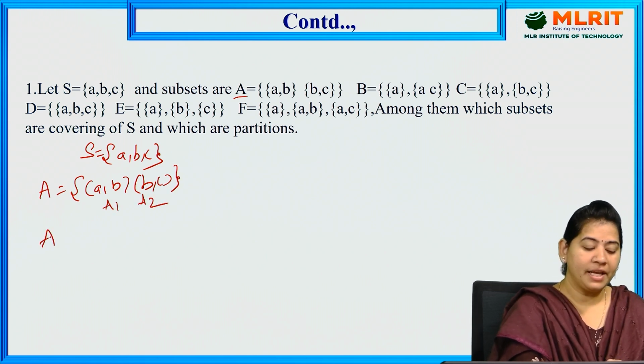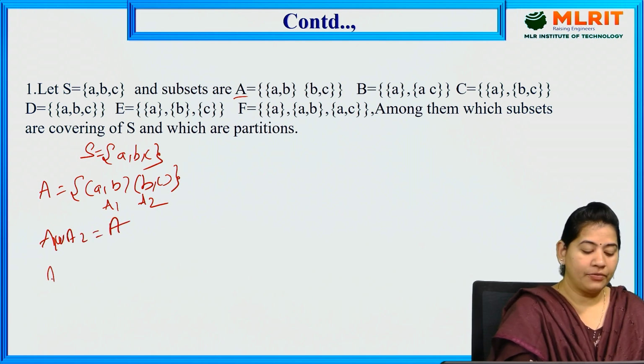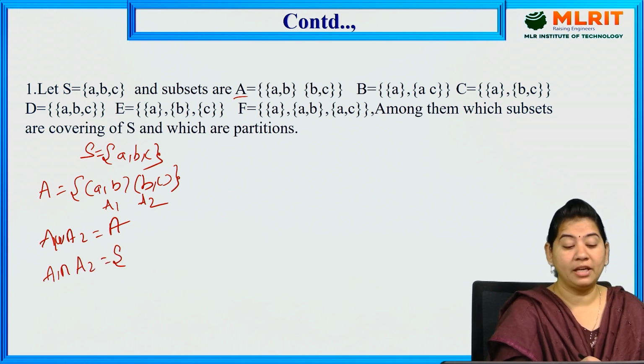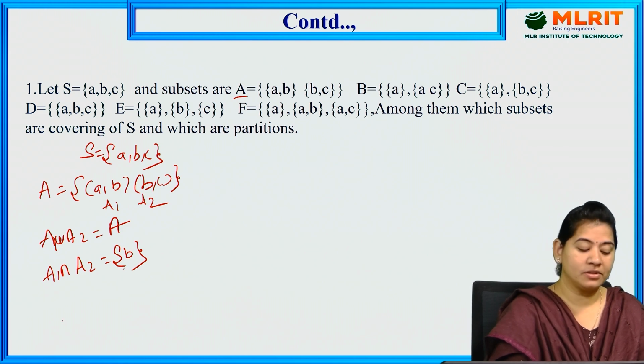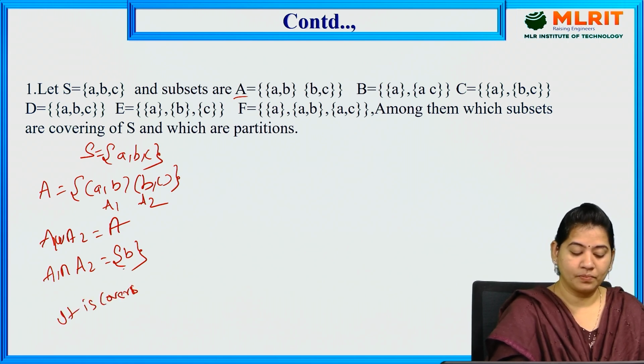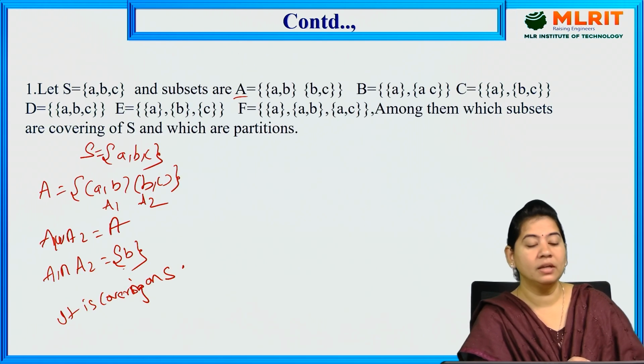Now if you apply A1 union A2, you will get the original set. And if you apply intersection between the two, you will get the common element, which is B here. So if you are getting the common element, this is called covering on S. This set A is called covering on S.